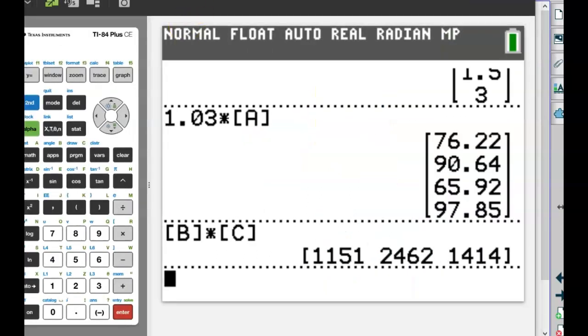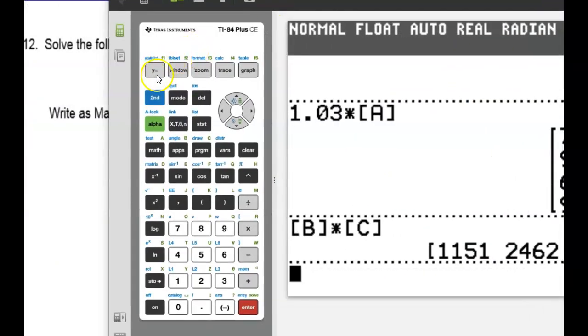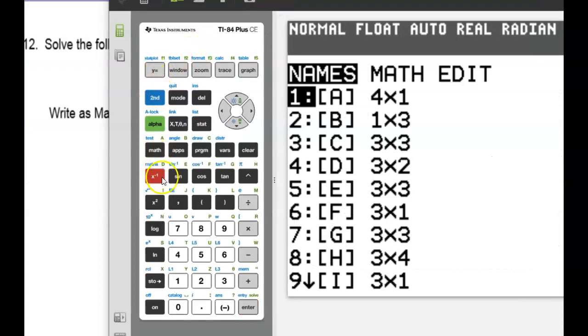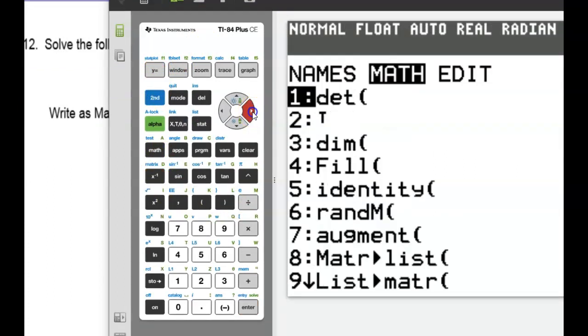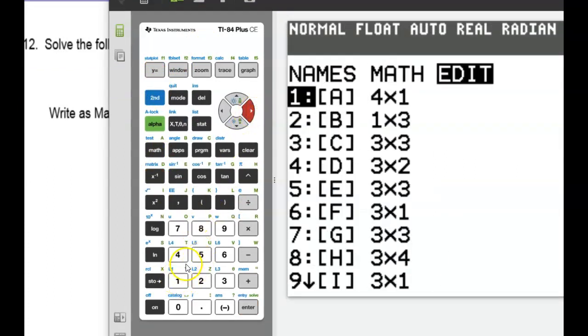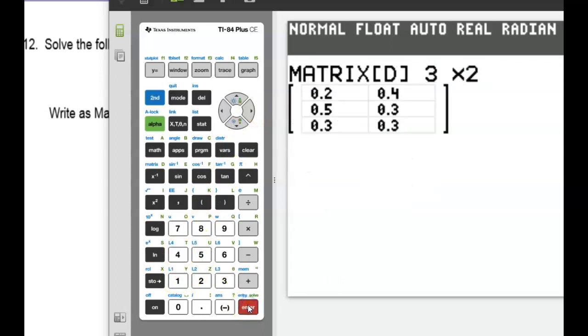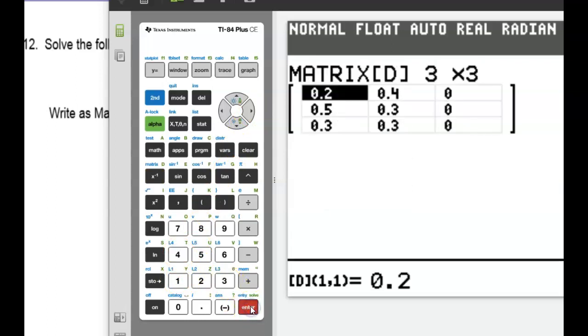What am I down to? D, maybe? Edit, matrix 4, and it's a 3 by 3. Is that right?